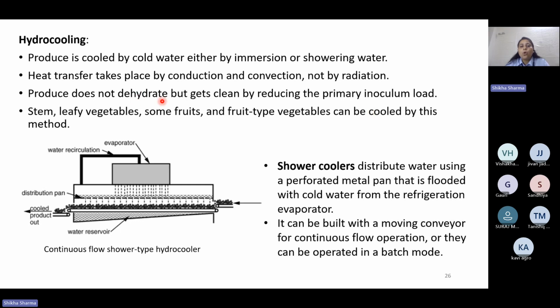If it were for a long time, the product could get some moisture or water, but it is done for very little time. So it's just for cleaning, to remove the dirt and initial microbial load.